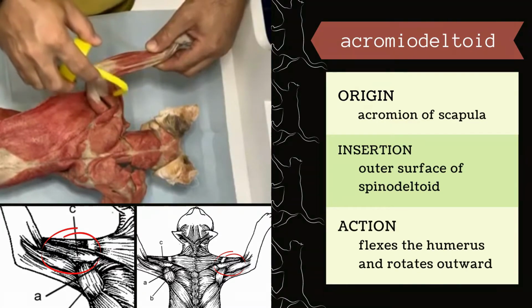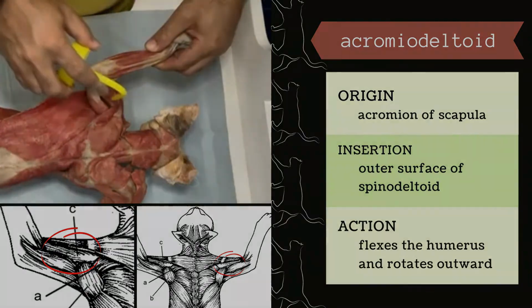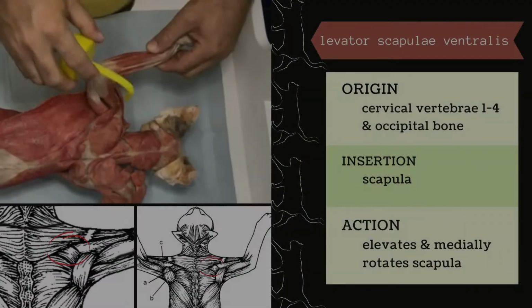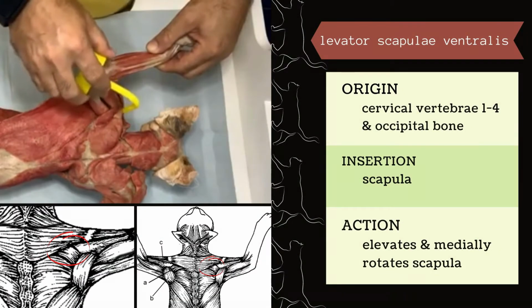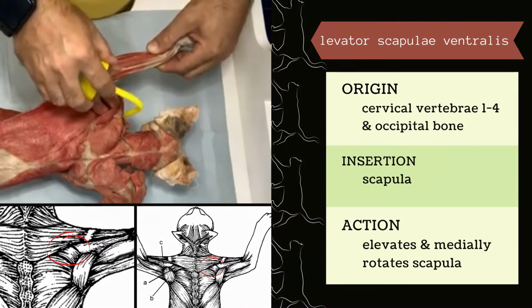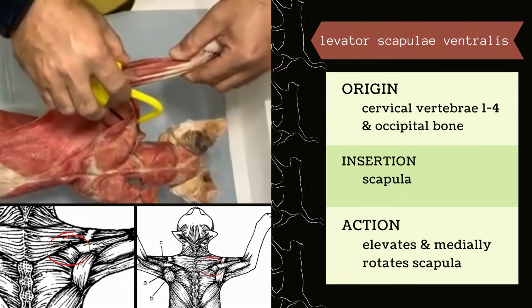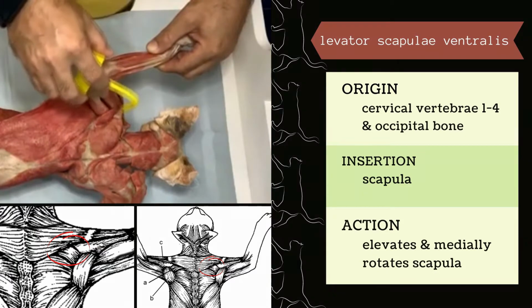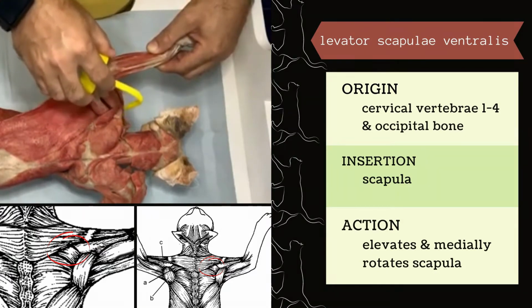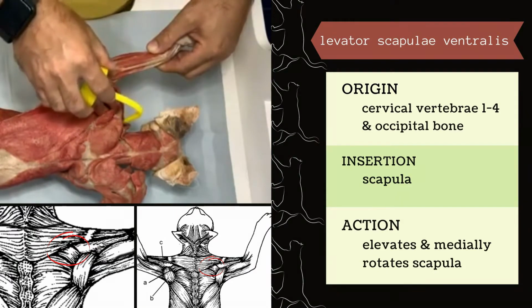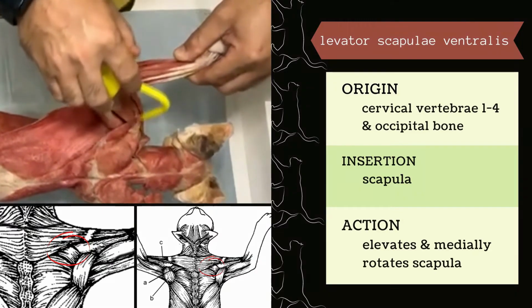Its action is to flex the humerus and rotate outward. This is the levator scapulae ventralis. It originates from the transverse process of cervical vertebrae 1 to 4 and the occipital bone. It inserts into the scapula. Its action is to elevate and medially rotate the scapula.